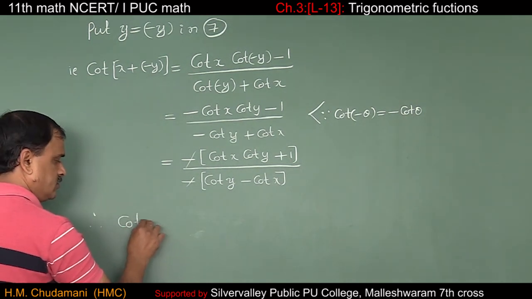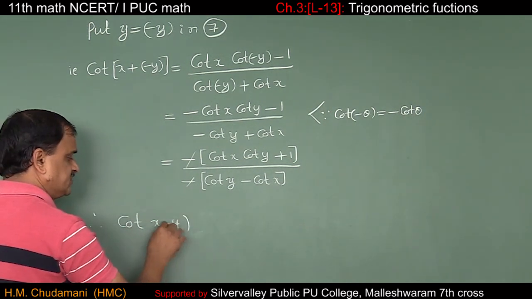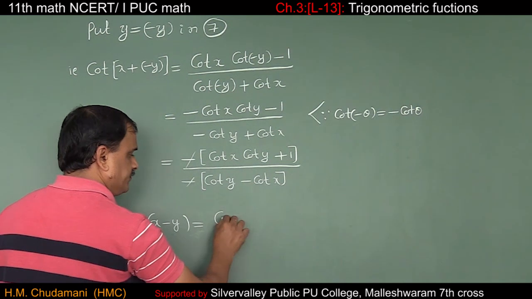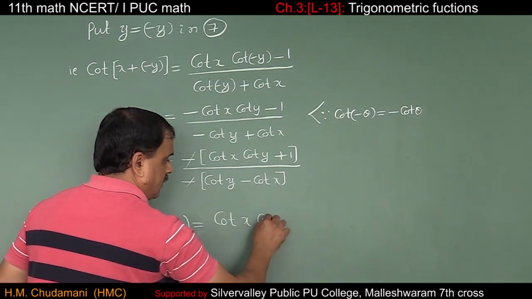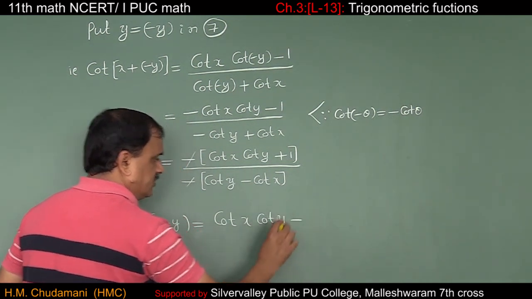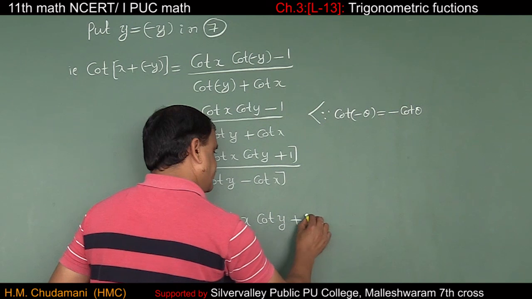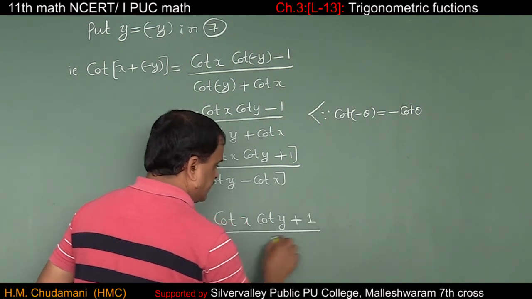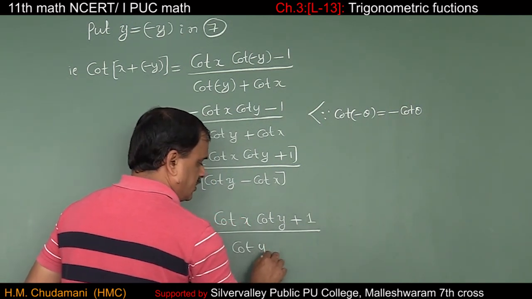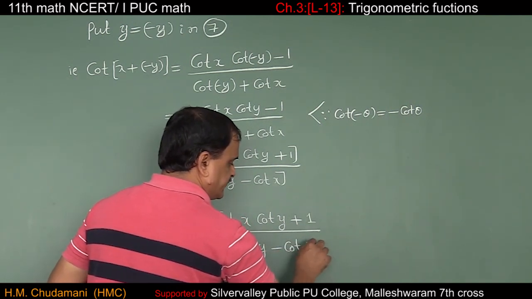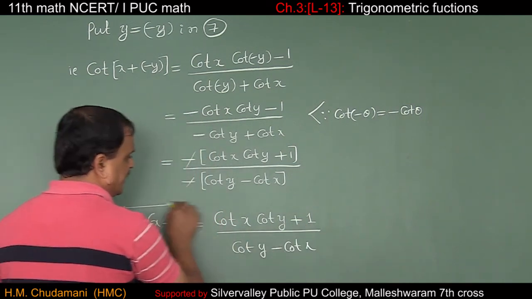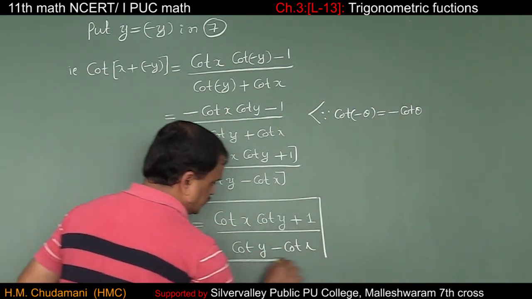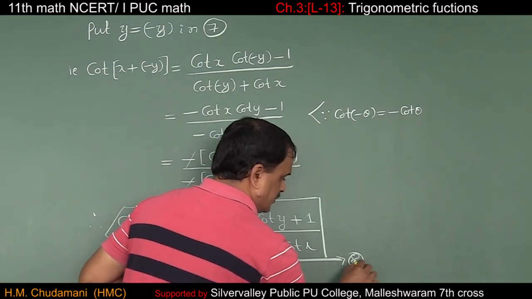Therefore, cot of x minus y is equal to cot x cot y plus 1 divided by cot y minus cot x. This is another result you are supposed to remember. 8th result.